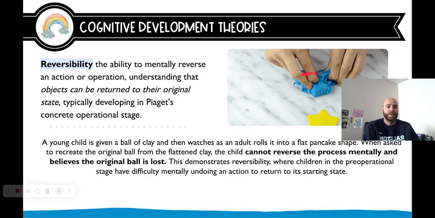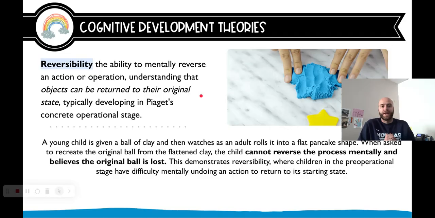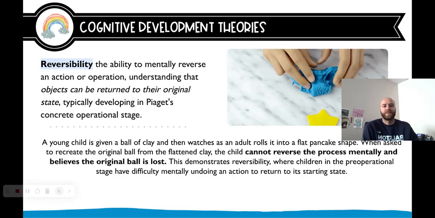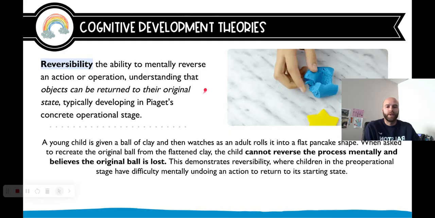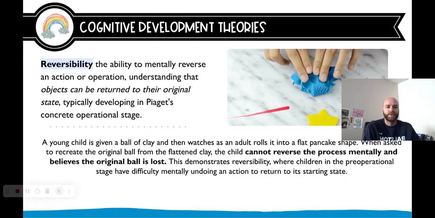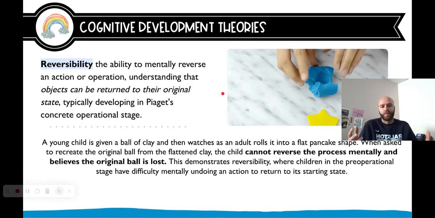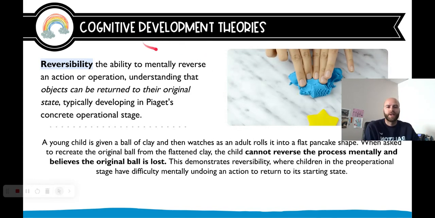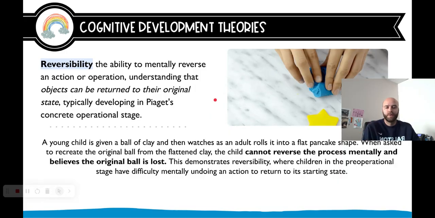It becomes that pancake, that flat round circle, and they're like, oh, that's just what it is now, right? They cannot think past that really concrete, straightforward way of thinking. But as they get towards the end of this stage, they realize that, oh, I can just take that and reform it and then make it into whatever I want. So these are some interesting cognitive developmental terms that happen at each stage as we go.